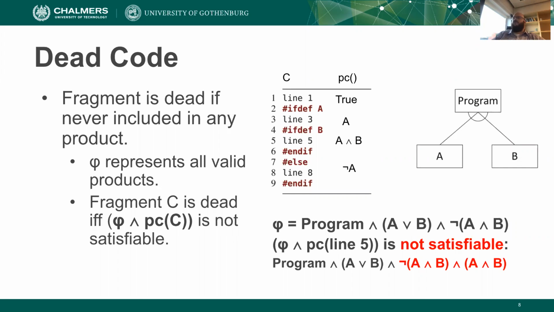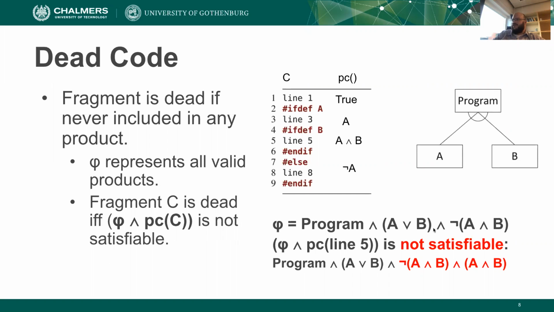There's no feature selection that's both valid according to the model and that meets the presence conditions to include that code, right? So in our example, we had the presence conditions of A and B, and not A for lines 1, 3, 5, and 8, respectively. So the predicate of the feature model is the program and A or B, right? Because of this, and not A and B. We can only choose one of these.